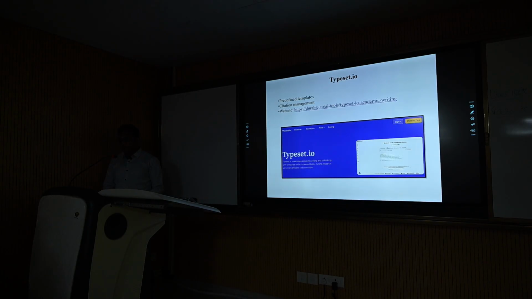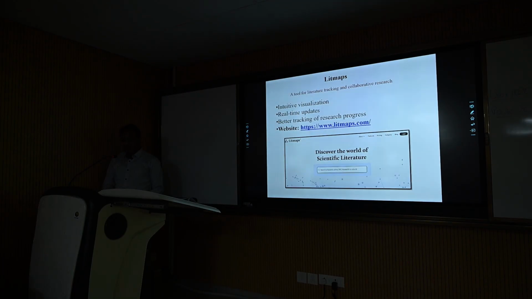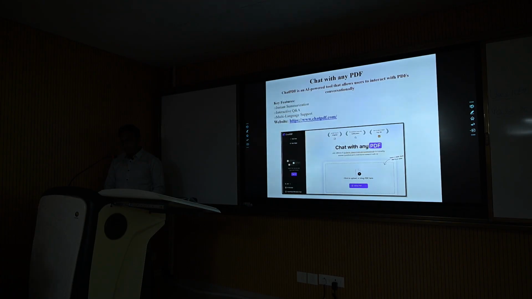Then Typeset, Consensus AI, and Litmap. In Litmap we can search also, and as the name suggests, it's a map. It shows map figures, like articles published in 2009, then 10, 11, 12, 13, and shows the relevant articles.